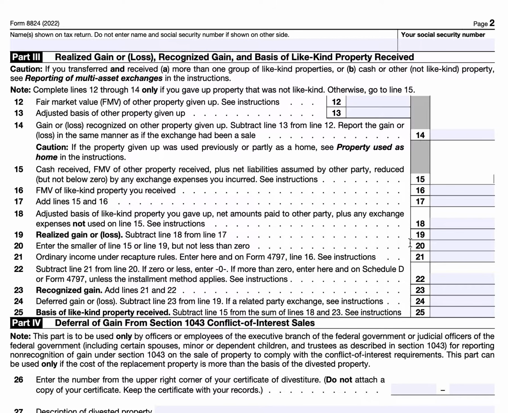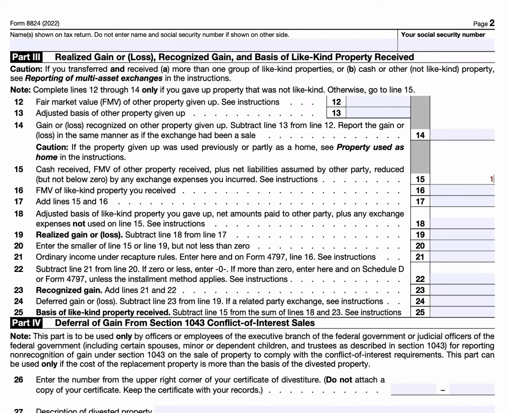You can't reduce this down below 0, but this basically is known in the Section 1031 world as boot. So it's other consideration that you would have received as part of the sale, and this may come into play when it comes to recognizing any gains. So it's important to recognize what you might have received.